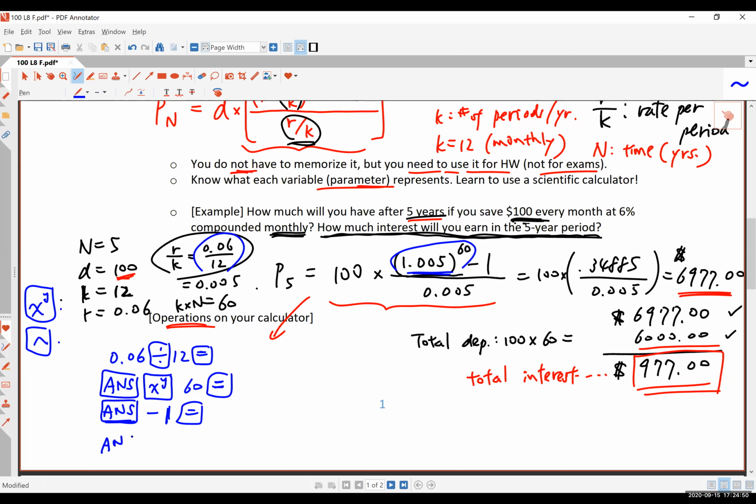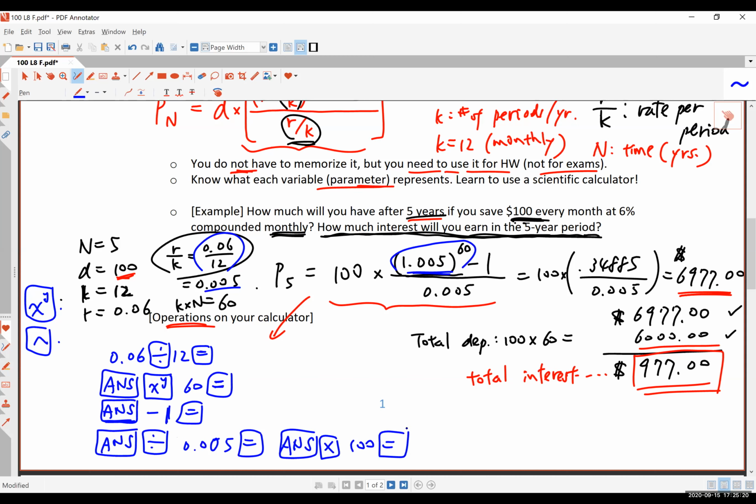And then you take that answer, which is your numerator, and you divide it by this number here, 0.005. And that's going to give you the fraction, okay? And then, of course, you multiply that answer by 100, equals, and that will be your answer. You want me to show you how to do this? Yeah, let's see if I can show you this on the calculator.